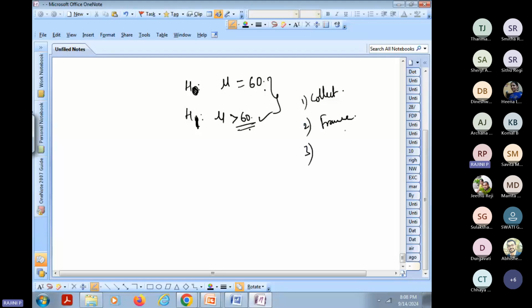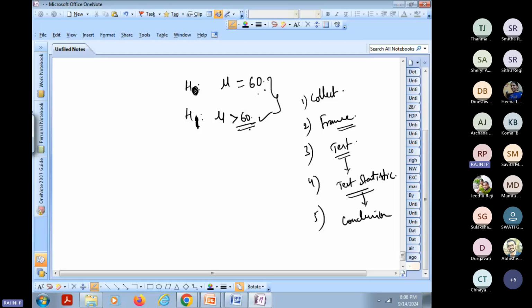Third, based on the hypothesis, you need to decide which test to apply. Based on the test, we write the test statistic, which is nothing but the formula related to the test. Next, based on the test statistic we get one value, and through that value we give the conclusion.